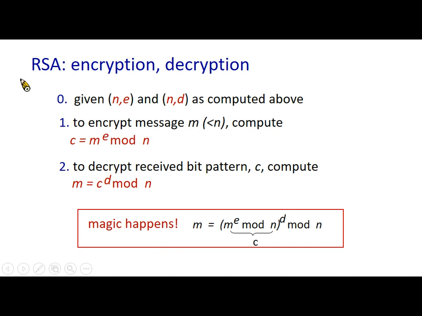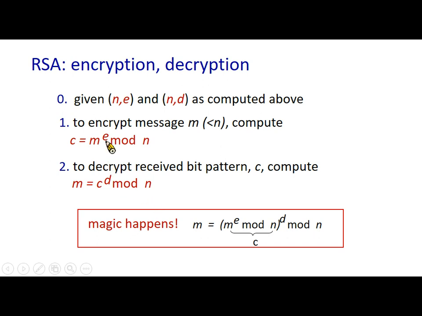So you can see the encryption and decryption. Given n and e, the public key, and n and d, the private key, computed as above, to encrypt the message m, where m is less than n, we compute c equals m to the e mod n. To decrypt the received bit pattern c, we compute m equals c to the d mod n.